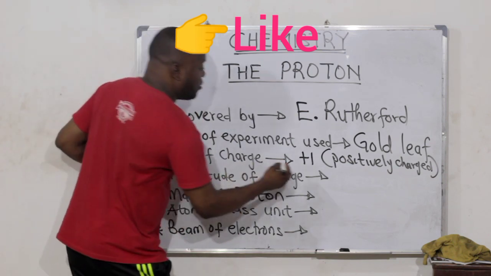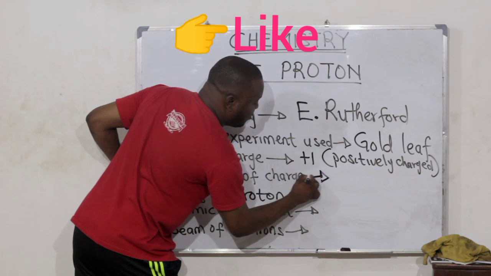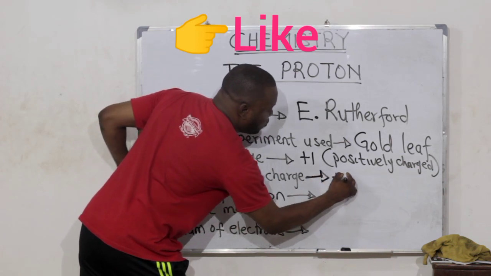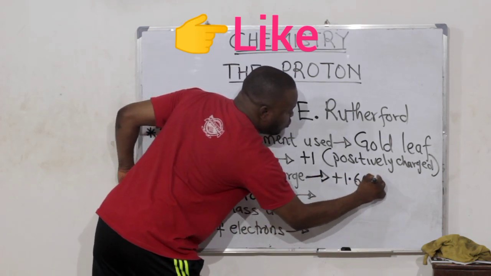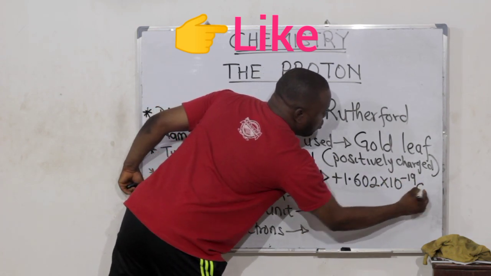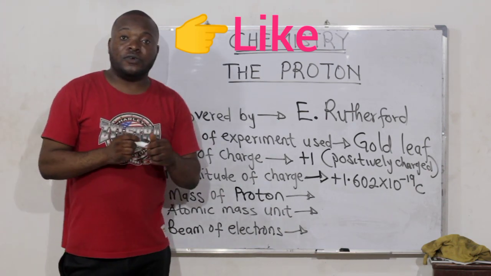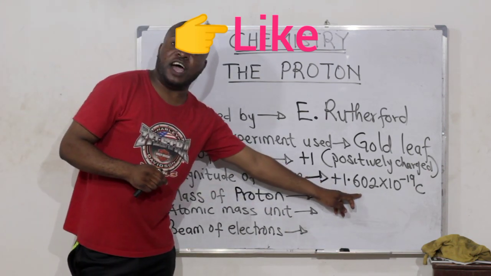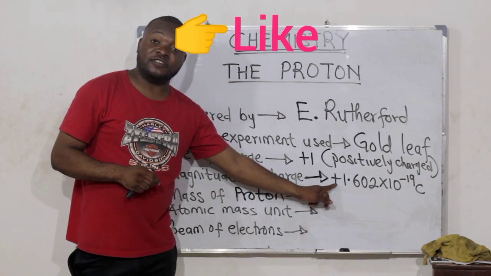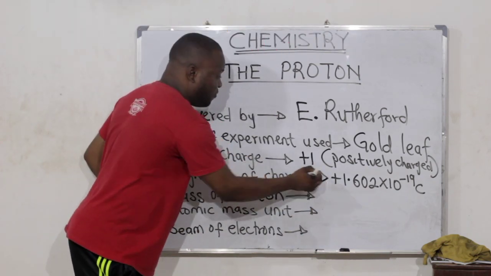So a single proton has a charge of +1.602 times 10 raised to the power -19 coulomb. Remember this, the electron has the same magnitude of charge as proton, but opposite sign. That of electron is negative, while proton is positive.